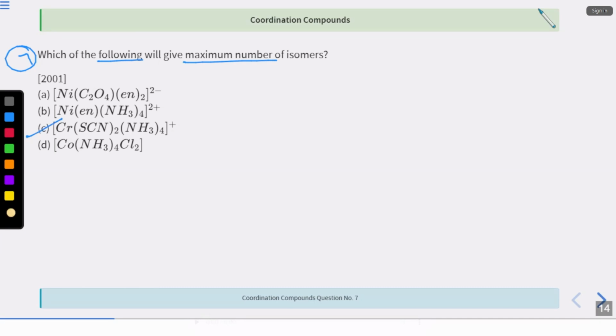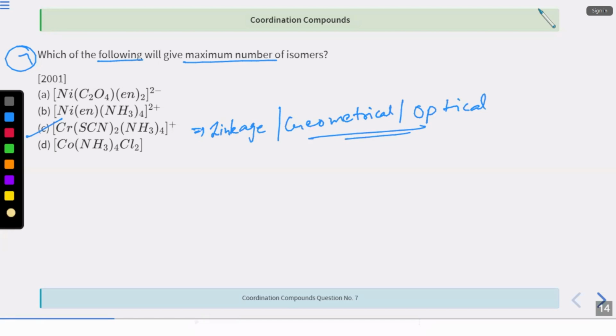And why so? Because it shows linkage isomerism plus geometrical isomerism also plus optical isomerism also. So it shows the maximum number of isomerisms.